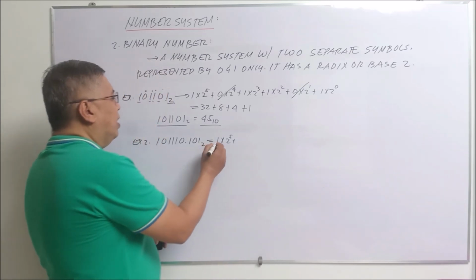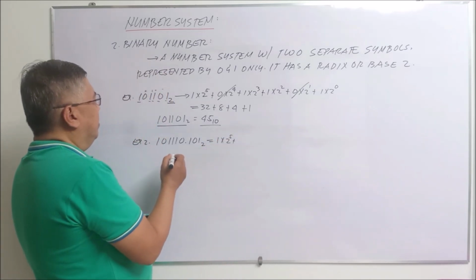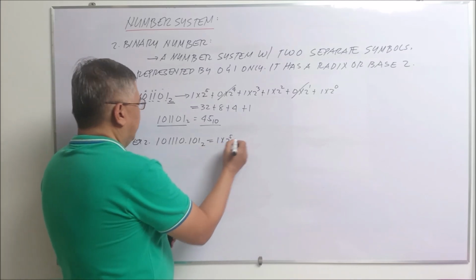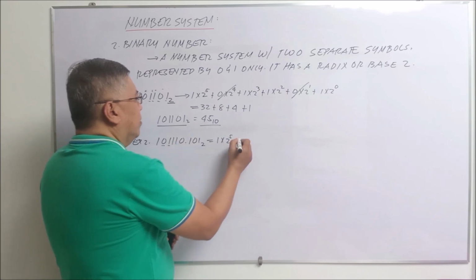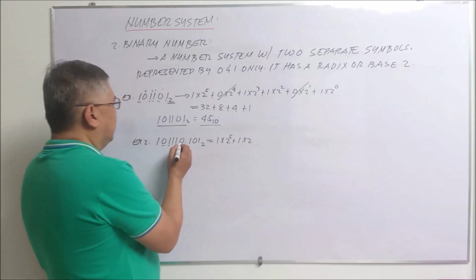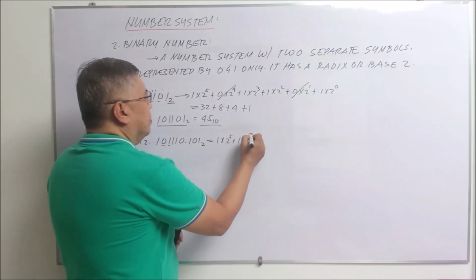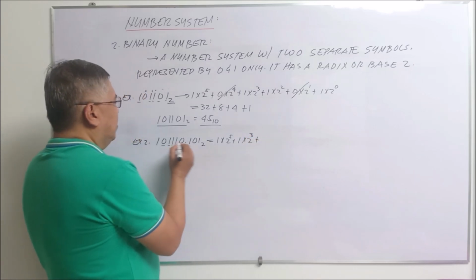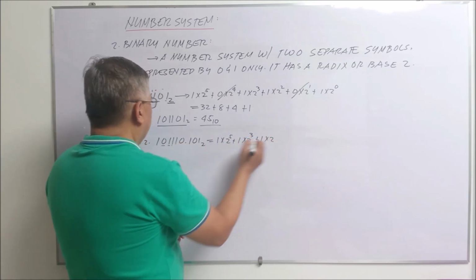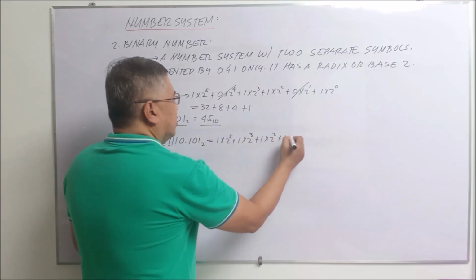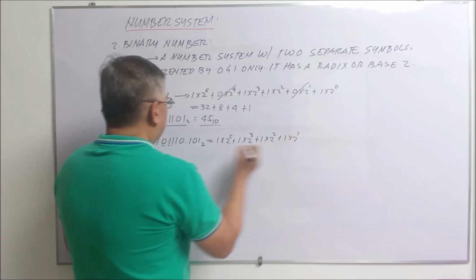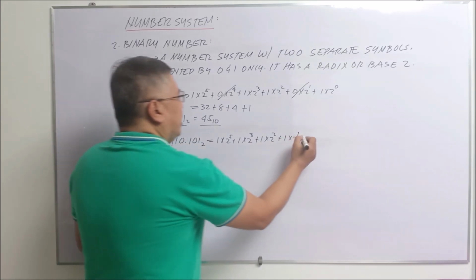So you have 1 times 2 to the 5, plus 0, not included, so you have 1 times 2 to what? 1, 2, 3. Plus 1 times 2 to the second, plus 1 times 2 to the first. This 0 is not included.